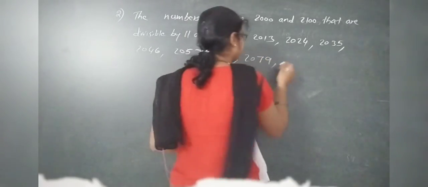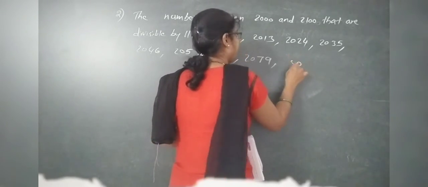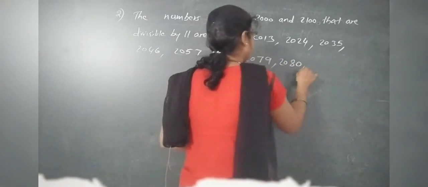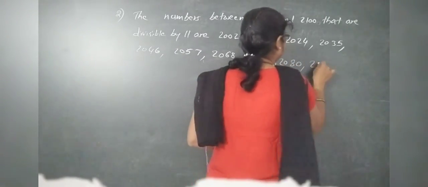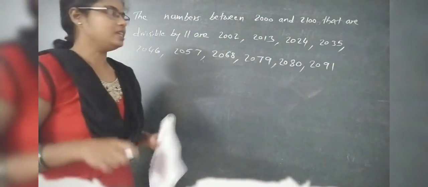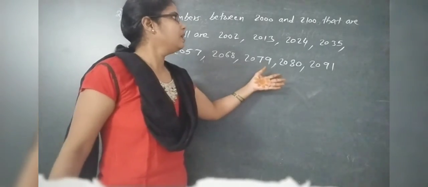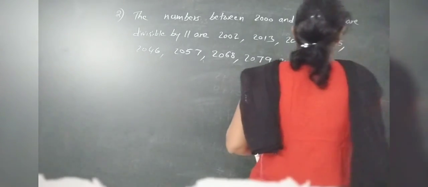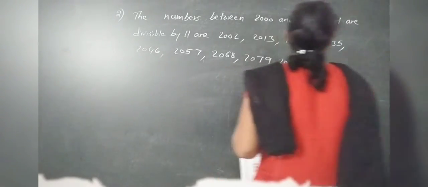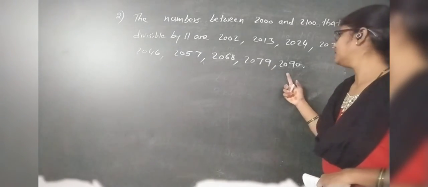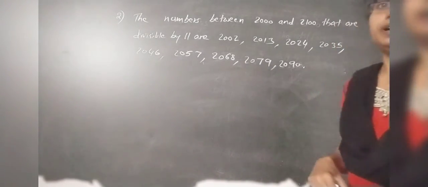Add 11. 2090. Okay? So these are the numbers which are divisible by 11. Here see, 2079 plus 11, up to here it is divisible by 11.